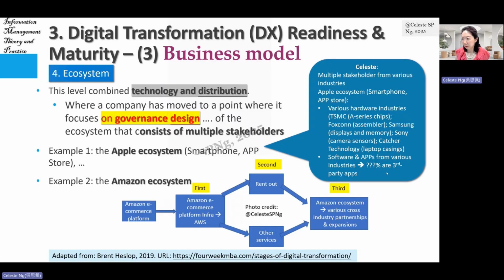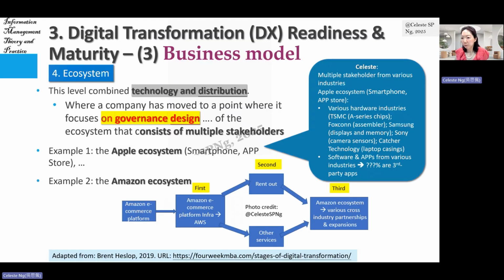It could be apps for healthcare, apps for banking service, for insurance service, for gaming, for e-commerce, and for various types of entertainment, right?